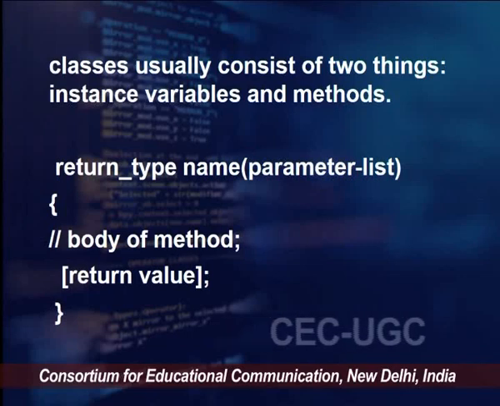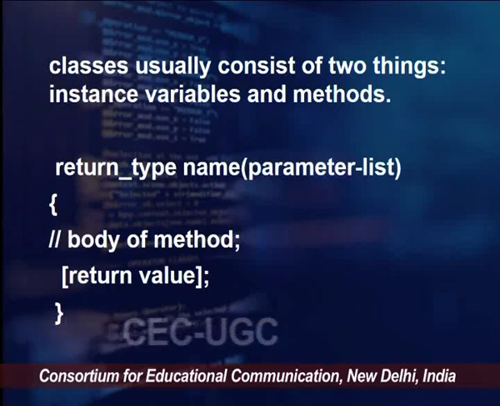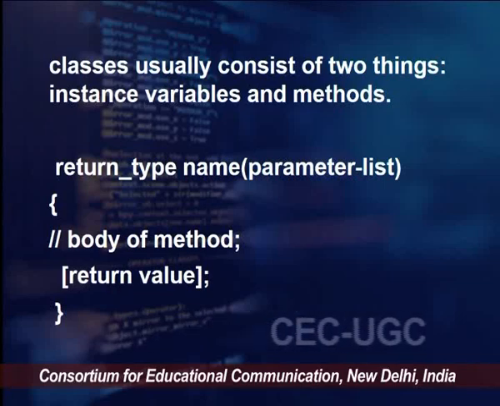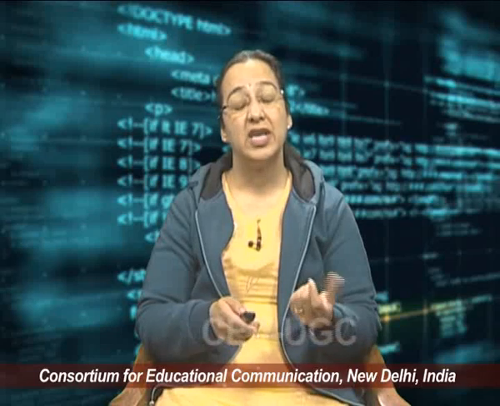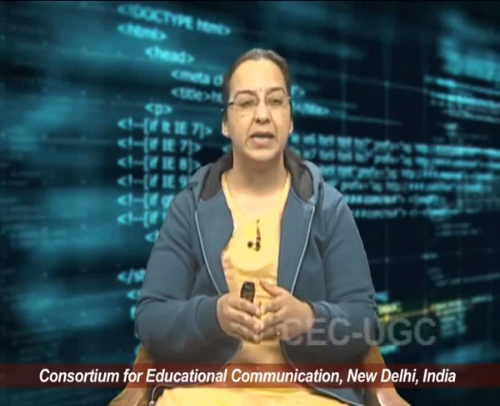We also need to specify the return type before the name of the method. If there is no return type, there is no need for the return statement, which I told you is optional, and also no need to write any return type before the name of the method. So this was the general format of any method.